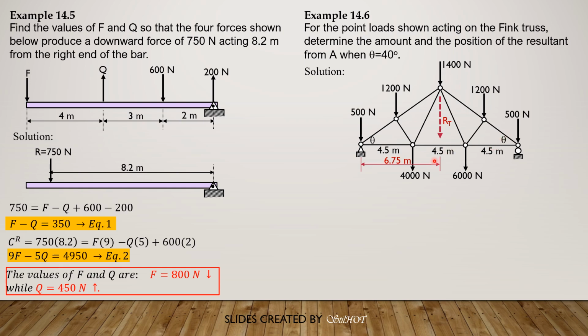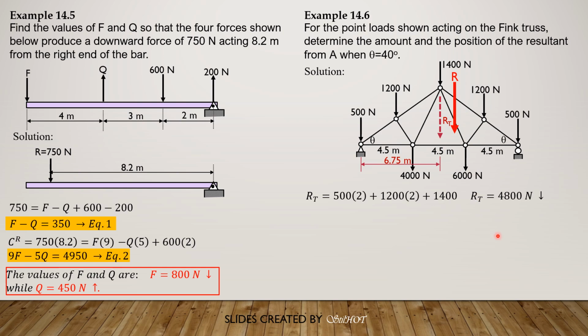By the way, its distance is half of the span, 13.5 divided by 2, so 6.75. So R sub T is 500 times 2 plus 1,200 times 2 plus 1,400. So R sub T is equal to 4,800 newtons, also downward. Therefore, the resultant is equal to 4,800.